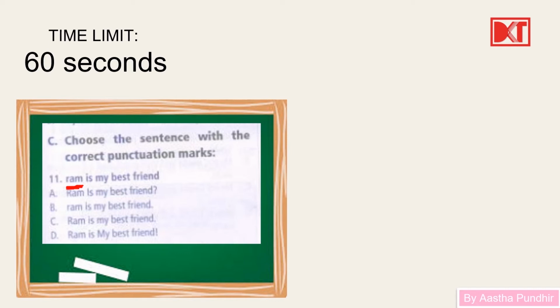Also it is the word with which the sentence is starting. So R will be capital. Ram is my best friend. This is a sentence, so at the end of it we'll have a full stop, period. Alright, so here the correct answer is C. Ram is my best friend.